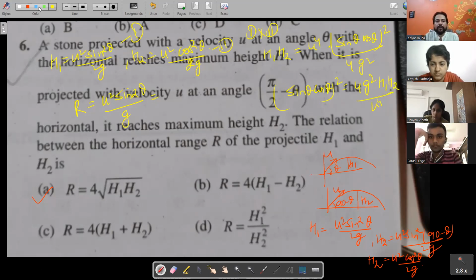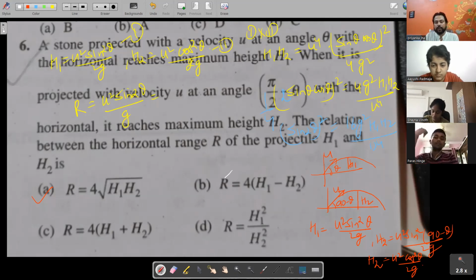Just multiply and divide by 2, and by 1 by 4, so that it will become sine 2 theta. So sine 2 theta whole square will be 16 times g square h1 h2 upon u to the 4.